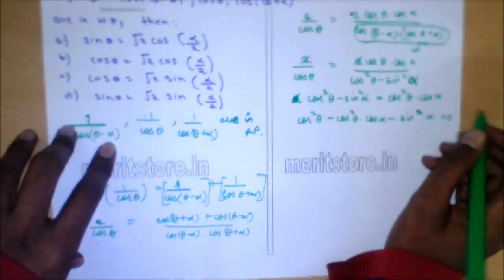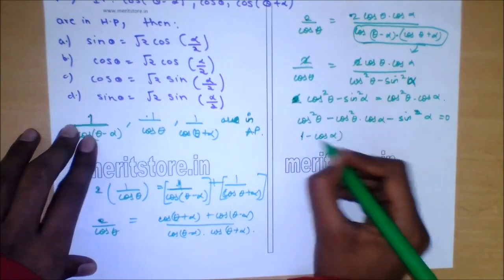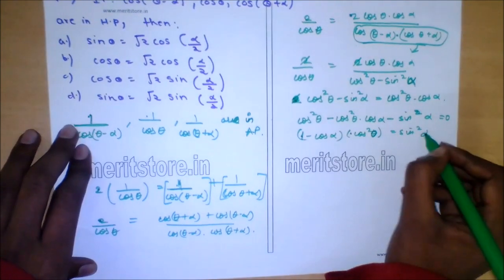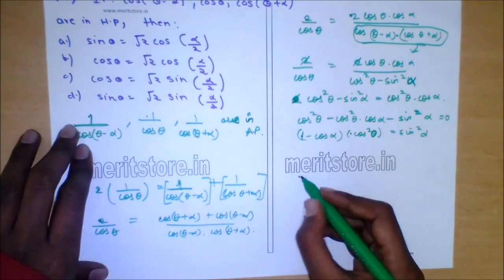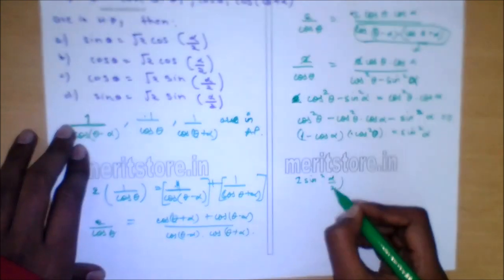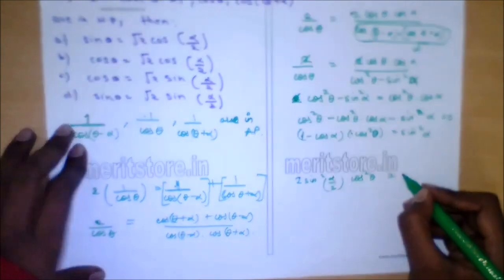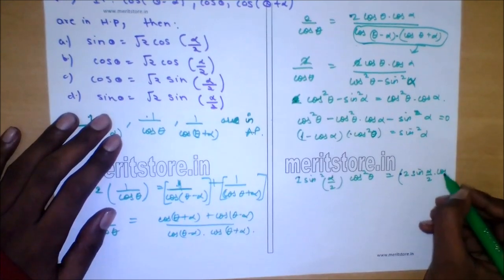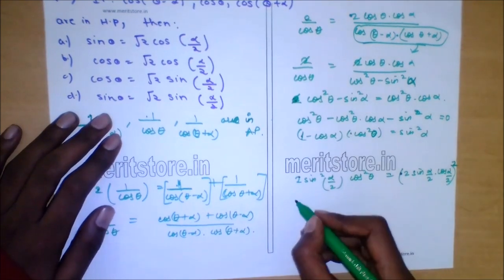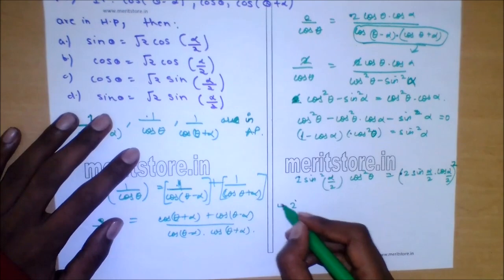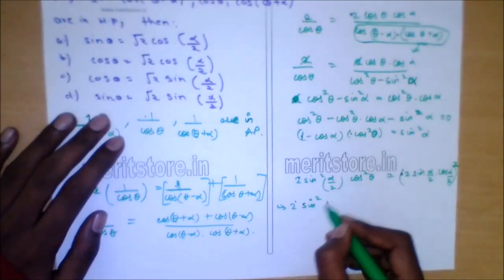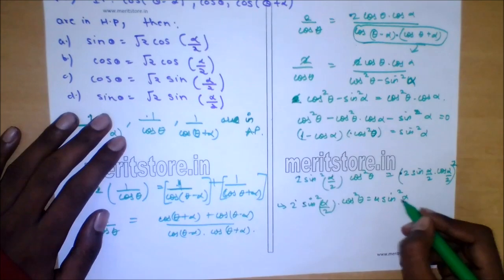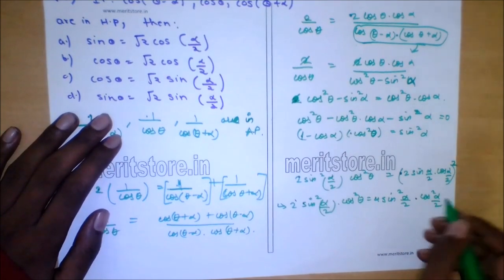Equals 0, that is cos square theta into 1 minus cos alpha is sin square alpha. 1 minus cos alpha is 2 sin square alpha by 2, into cos square theta equals sin square alpha, which can be written as 2 into sin alpha by 2 into cos alpha by 2, the whole square, that is 2 sin square alpha by 2 cos square theta equals 4 times sin square alpha by 2 cos square alpha by 2.